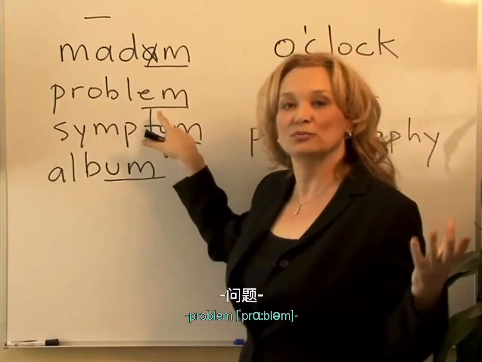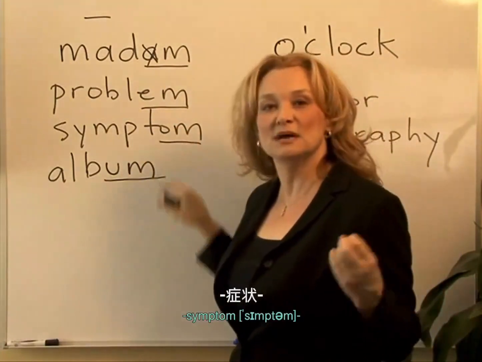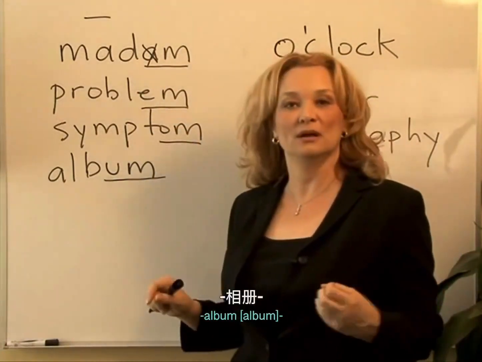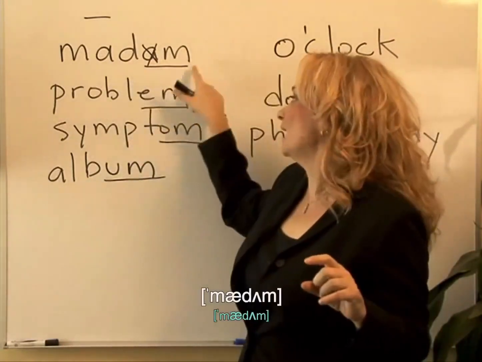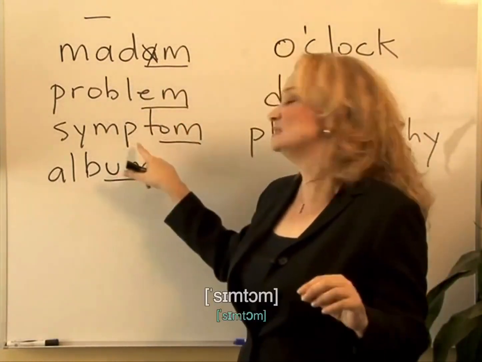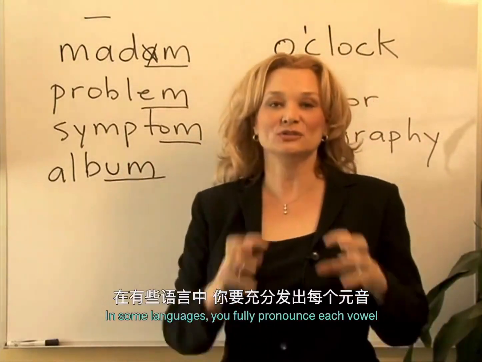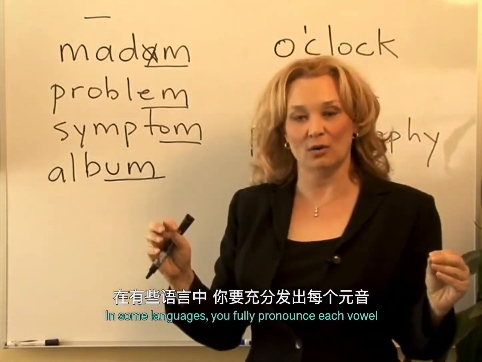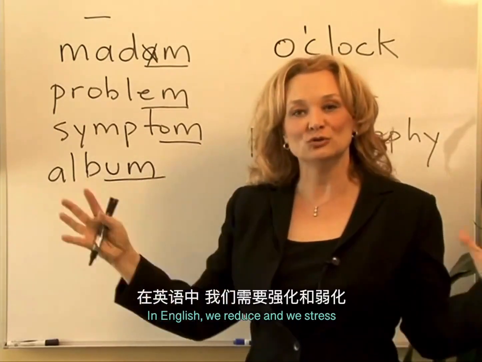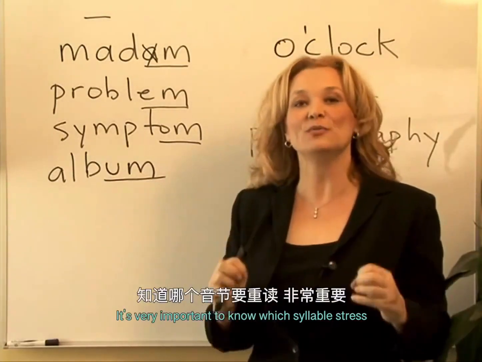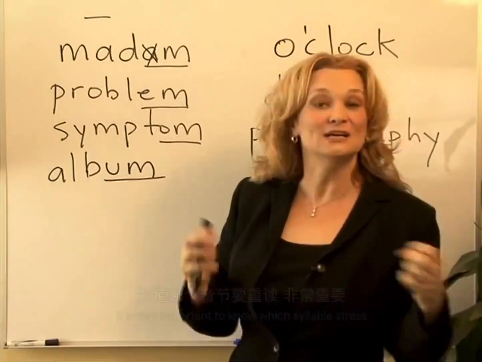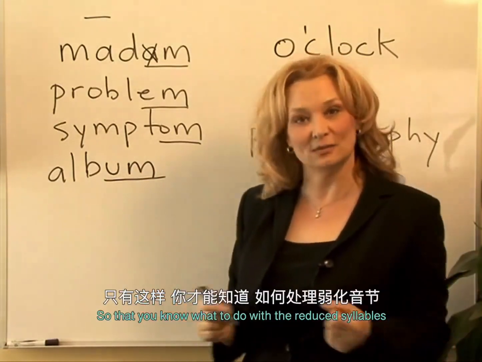Madam, problem, symptom, album. Don't say madame, problème, symptôme, album. In some languages, you fully pronounce each vowel. In English, we reduce and we stress. It's very important to know which syllable is stressed so that you know what to do with the reduced syllables.